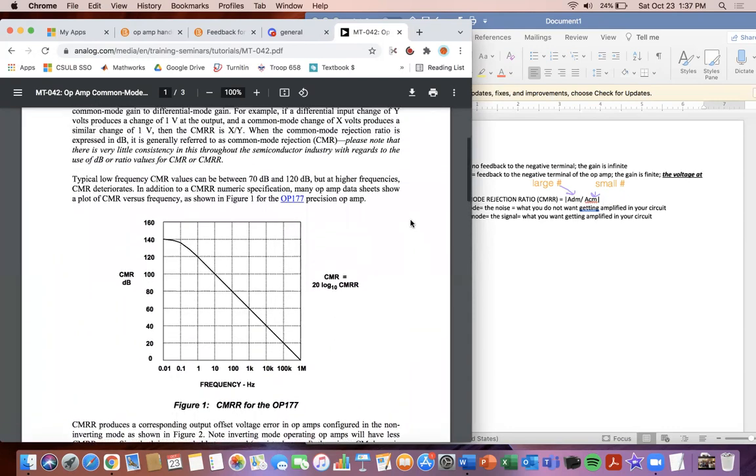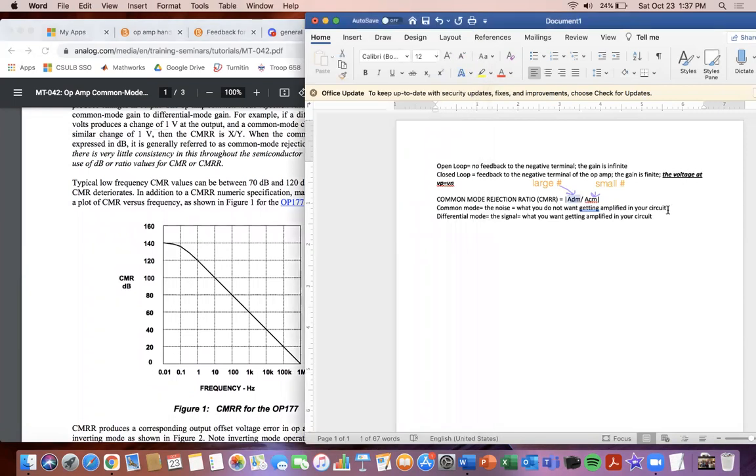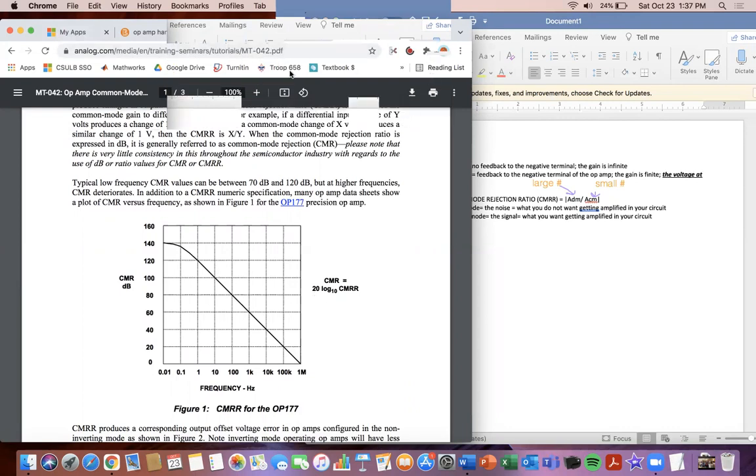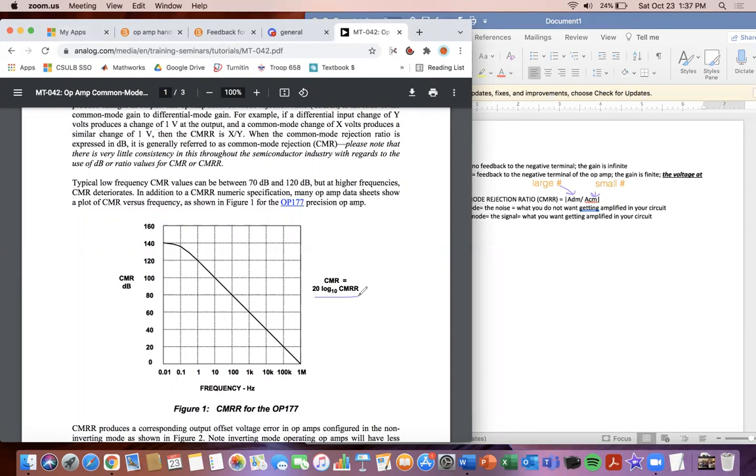And then they have the common mode ratio, which they set equal to 20 log base 10 of the CMRR. And you're probably like, what in the world is this? Because the common mode ratio is measured in decibels. And so often the rejection ratio is not in decibels, it's just in a normal number format, and we have to convert it to decibels, which is the logarithmic scale.